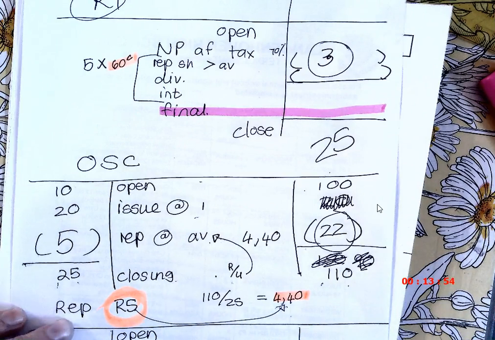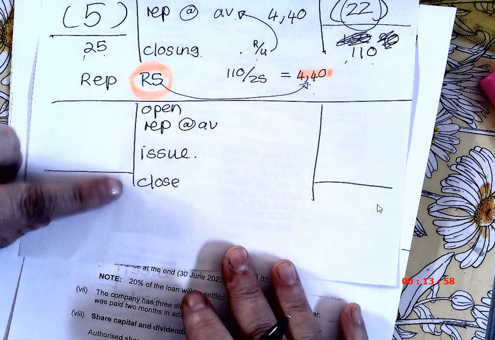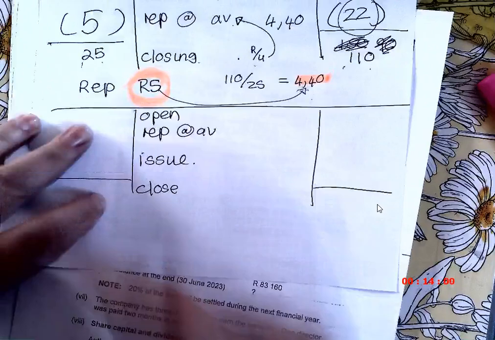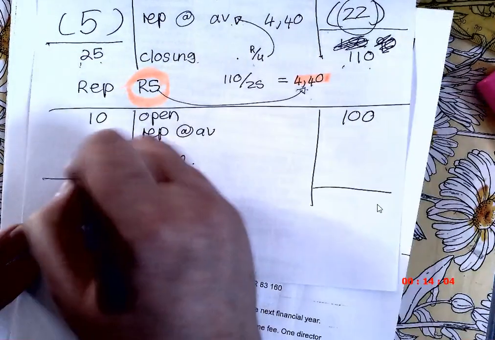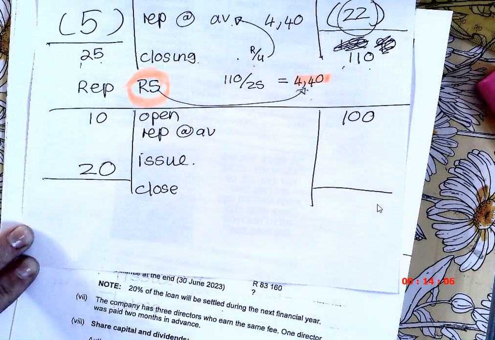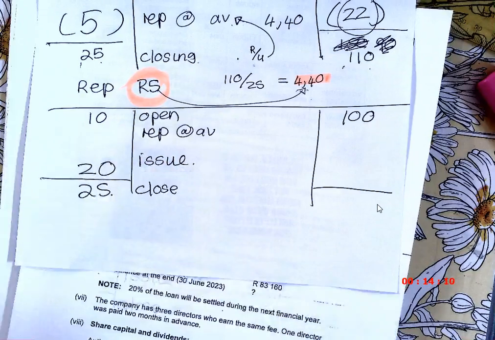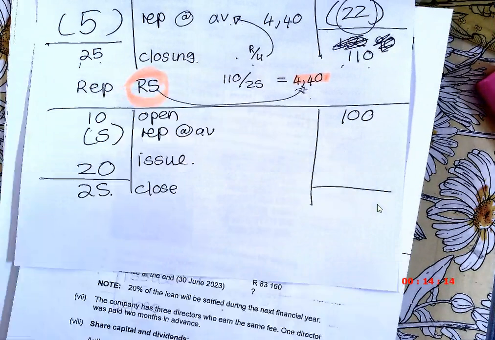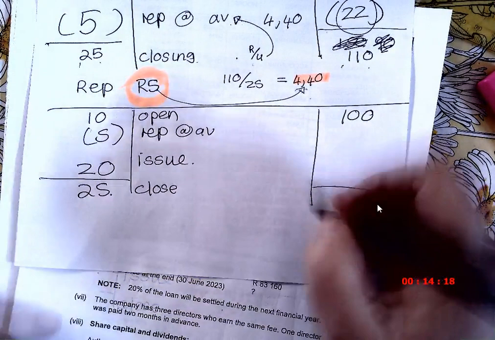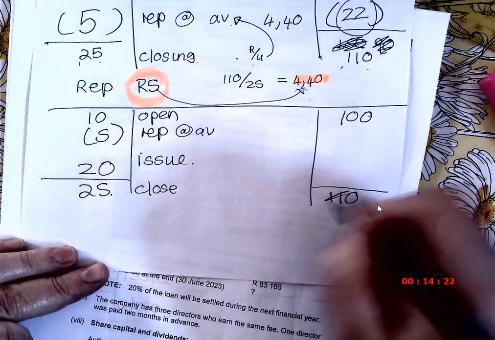Okay. Now if I do it this way around, where I repurchase before I issue, let's do the same example. Now they say the closing is 25. So again, I've got 5 shares repurchased. They don't give me a closing.